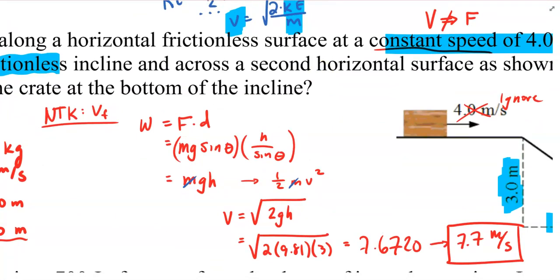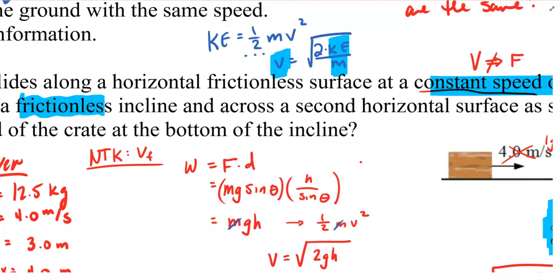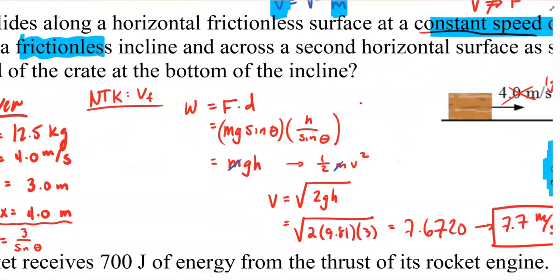It's also worth noting that there is constant velocity at the beginning of this problem, but no additional forces are involved. Because again, without a change in velocity, there is no acceleration. Without acceleration, there is no force. So we have no outside forces here. The only force that's doing any work is gravity.